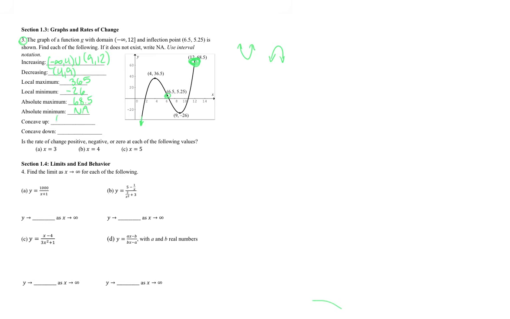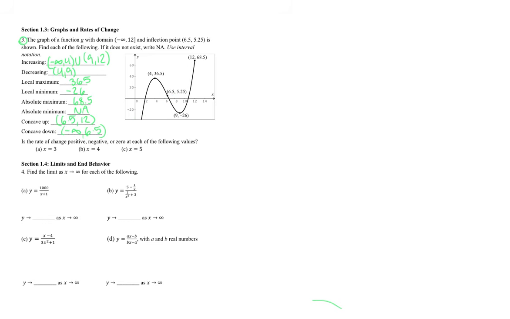So we would say we're concave up from 6.5 to 12, and neither of those points are going to be included. And then for concave down, we're looking for the frowny face. So that would be from here to here, or from negative infinity to 6.5. That's where we're concave down. And it makes sense that for our concave up and concave down, one starts at 6.5, the other ends at 6.5, because we have an inflection point at 6.5.